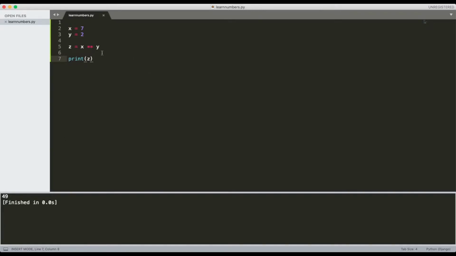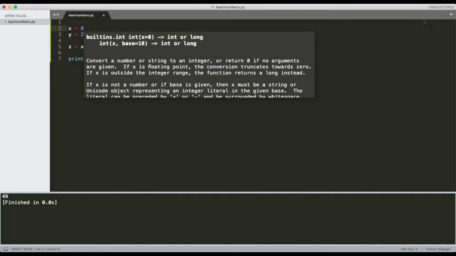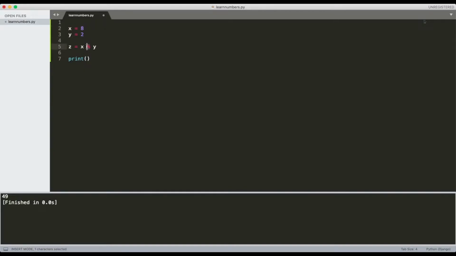Finally, we have an operator called modulus, which is represented by the percent sign. You can Google what this means if you never heard about it.